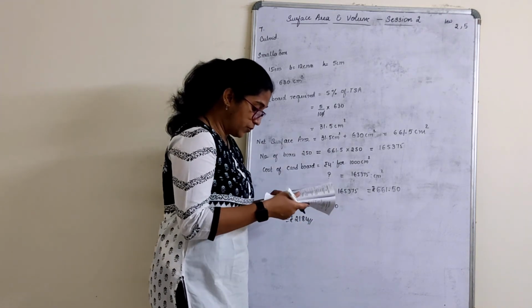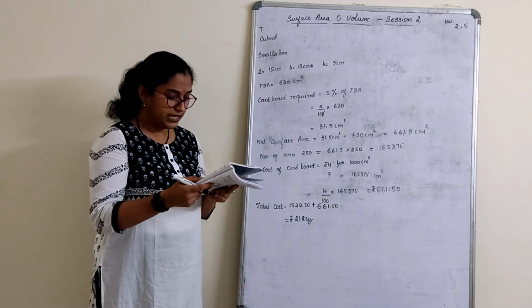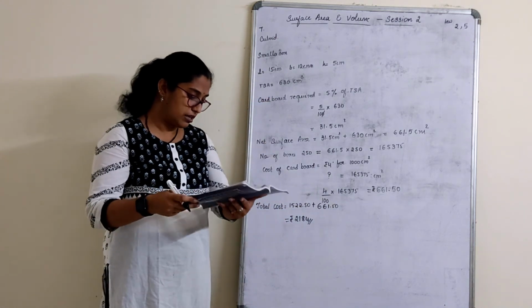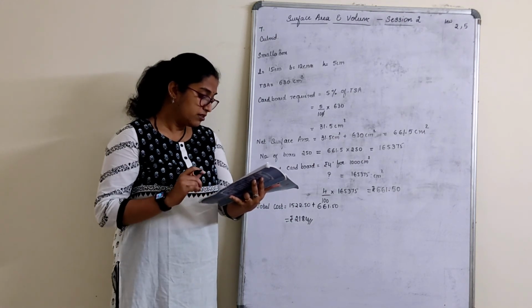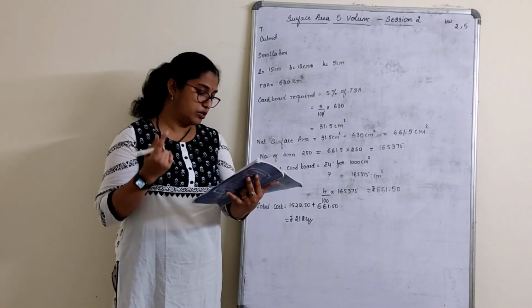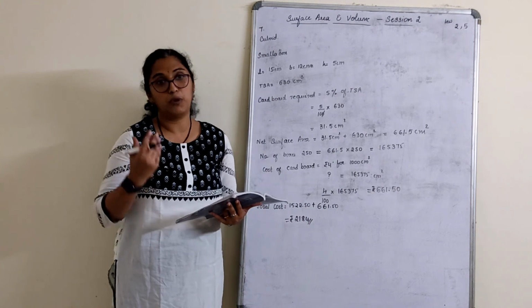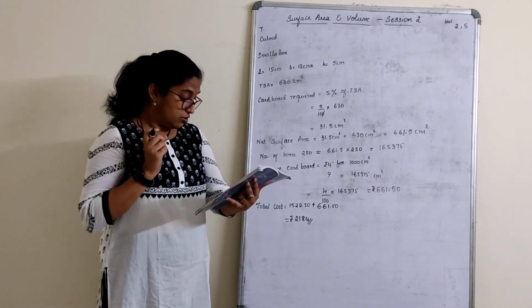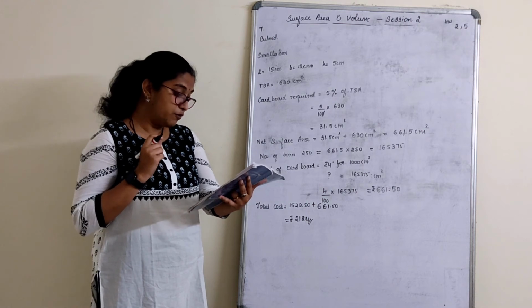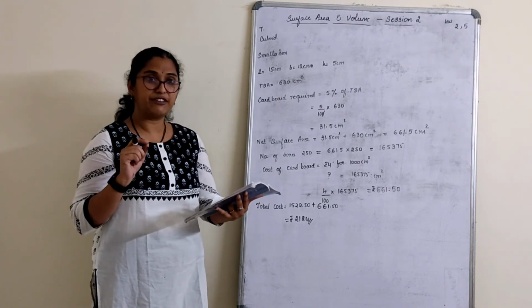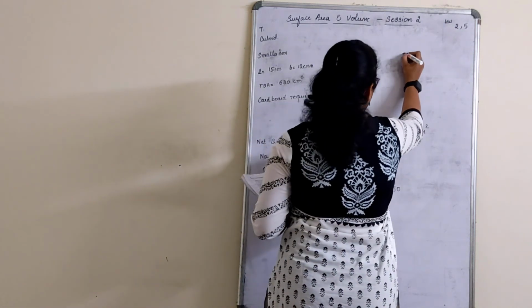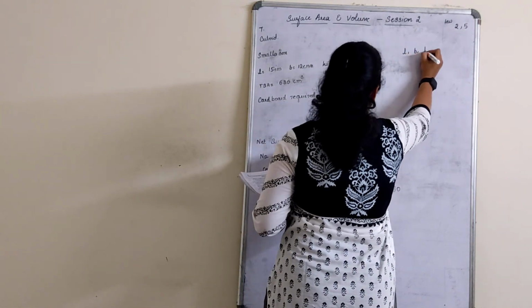Now, the last one. Pravi wanted to make a temporary shelter for her car by making a box-like structure with a tarpaulin that covers all four sides and the top of the car. Of course, the bottom can't be covered. So, how much tarpaulin would be required to make the shelter of the given height and base dimensions? That means they have given you length, breadth and height.